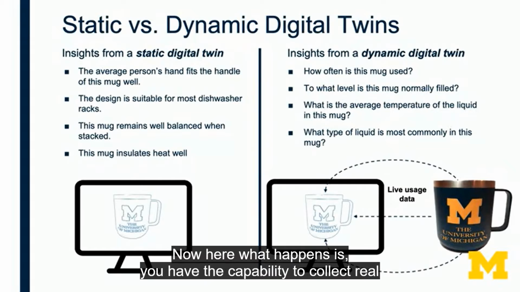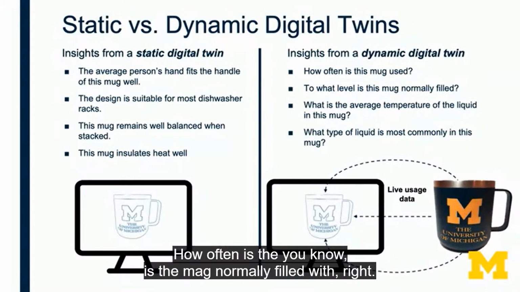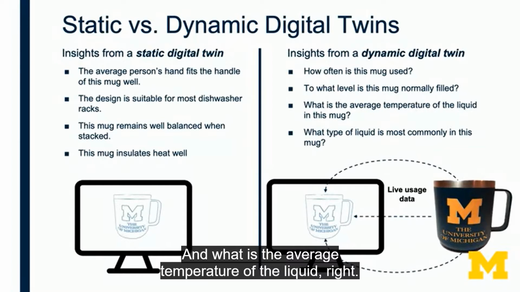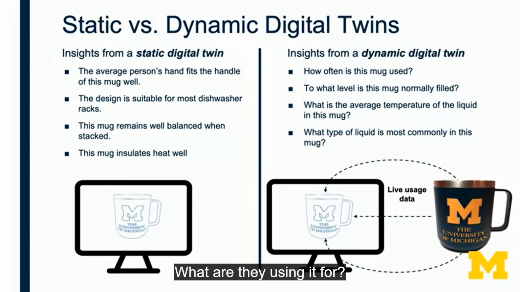Here you have the capability to collect real-time information about the cup: how often the cup is used, what the mug is normally filled with, and what the average temperature of the liquid is. Do people use it for cold liquid, or for hot beverages? What are they using it for?